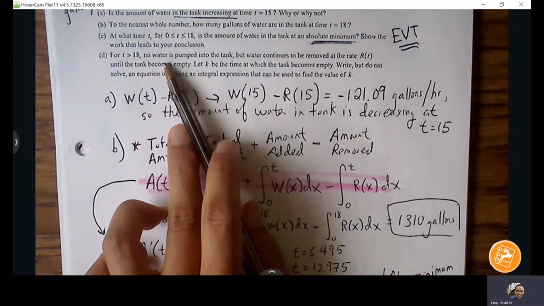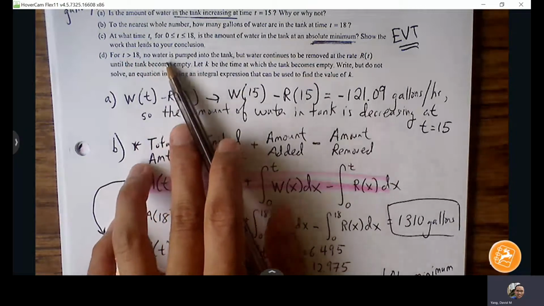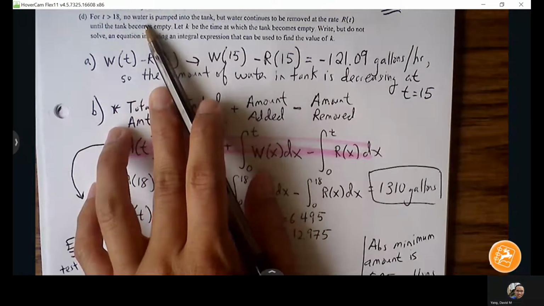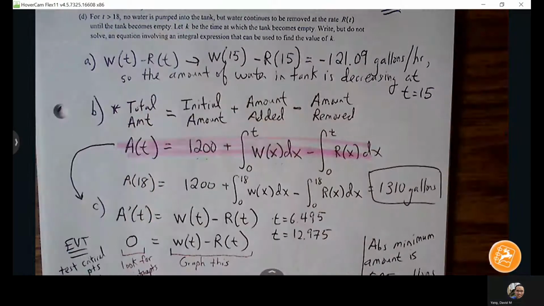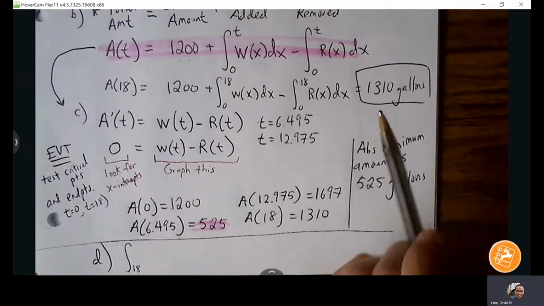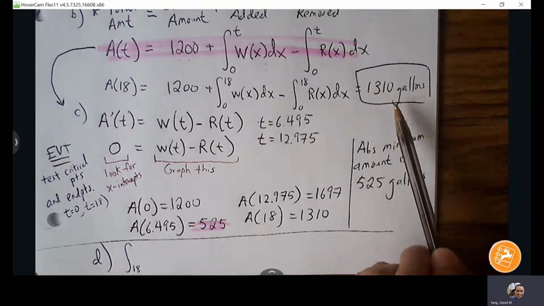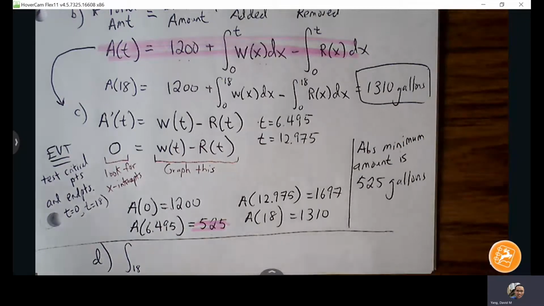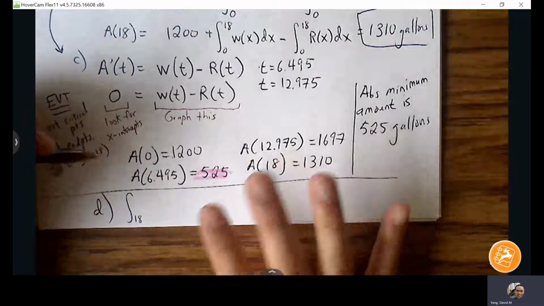Because we know there's no more water pumped into the tank, so how much water is in the tank 18 hours in? Yeah, we know this is the amount, right? So we know that this is the amount that the tank has to drain if it has to go to empty. So we only have to worry about R of T.